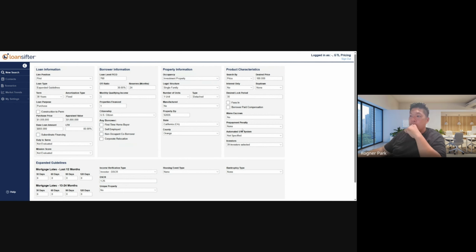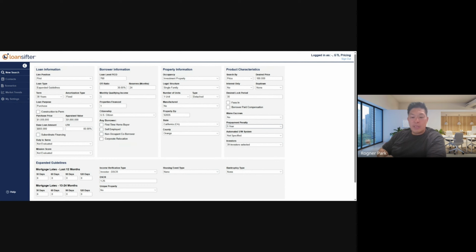Then I'm going to circle back to prepayment penalty. Know that because it's an investment property, most lenders will default it to a 5-year prepay. I'll say that one more time.